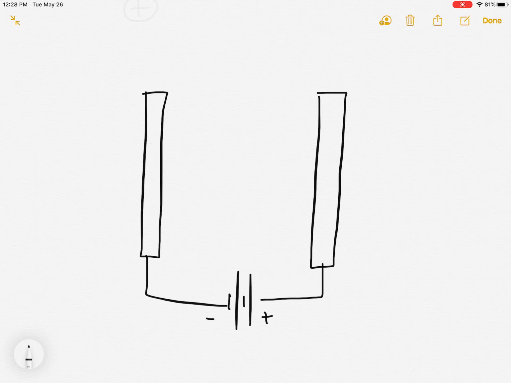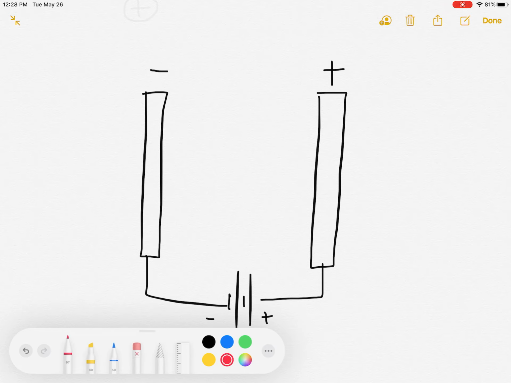So what happens here is we imagine that this creates a positive plate, and this creates a negatively charged plate. Now the electrons are sort of being pushed towards the negative plate, and they would like to complete the circuit and get across, but they can't.